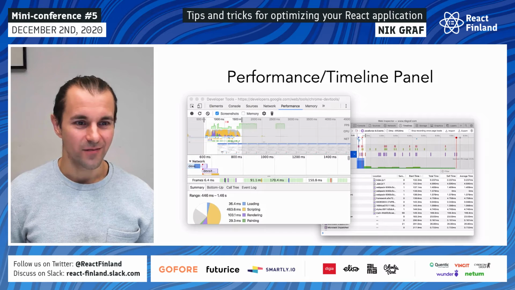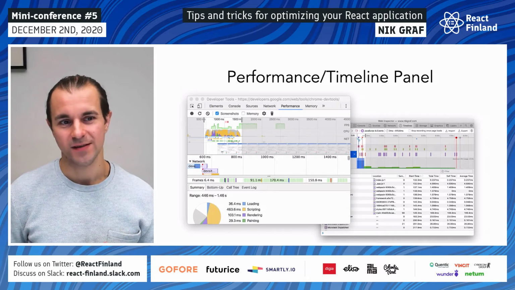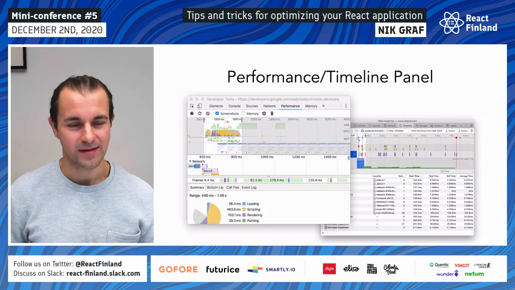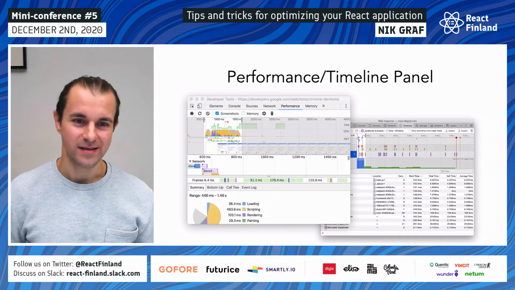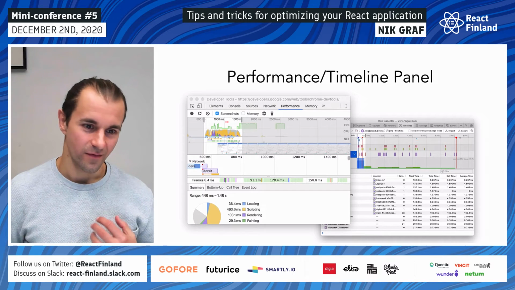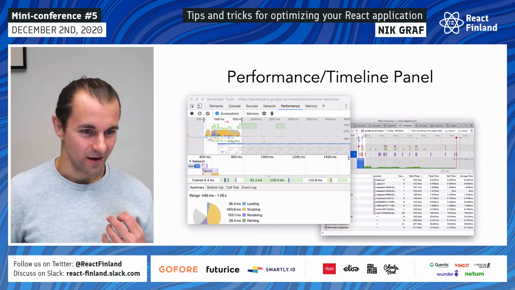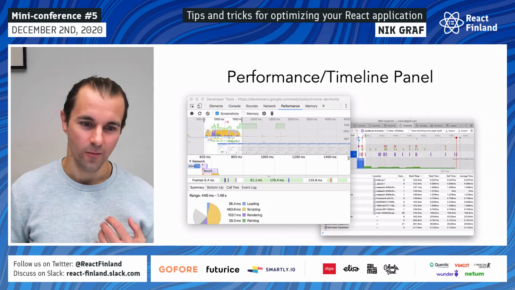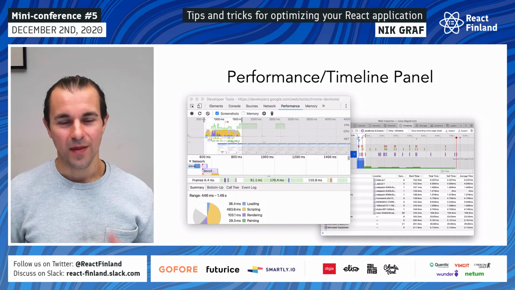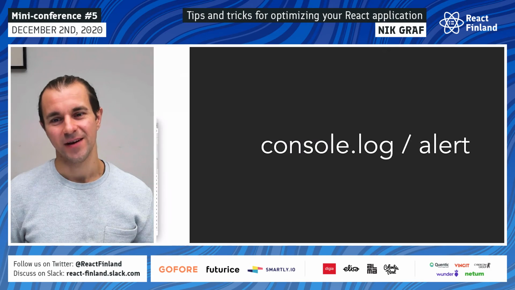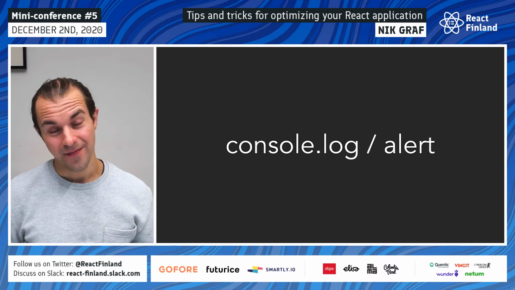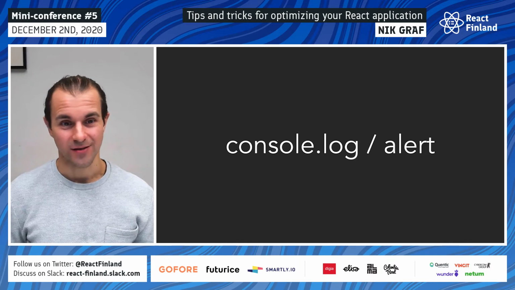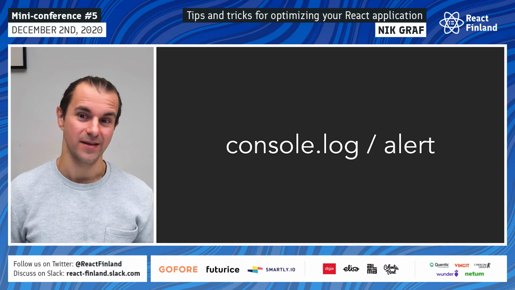But they really give you an insight into what's going on and where things are coming from, and I'm very glad we have them. Otherwise, measuring and investigating would be way harder. But nevertheless, sometimes it's also nice to just use console.log, and sometimes you even really need to, because these tools sometimes can't help you.